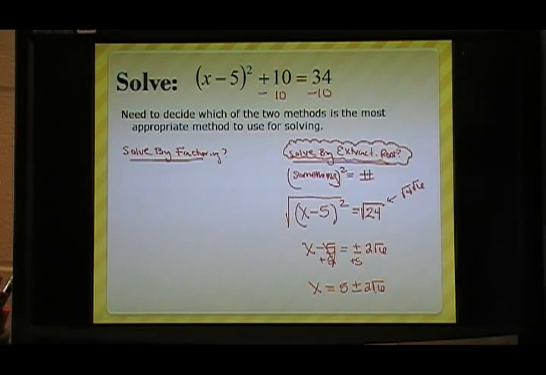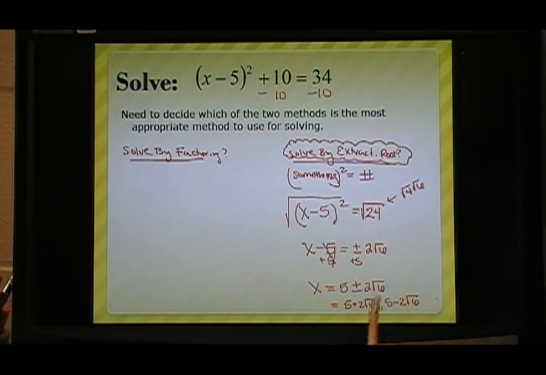So from this, I see that 5 plus 2 root 6 is a solution to this equation. And also 5 minus 2 root 6 is a solution. And based on the types of solutions I'm getting, these are irrational numbers.